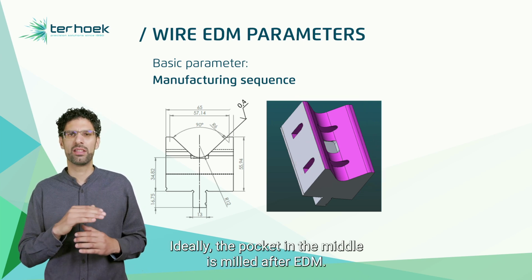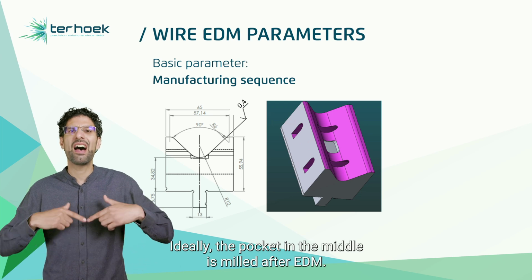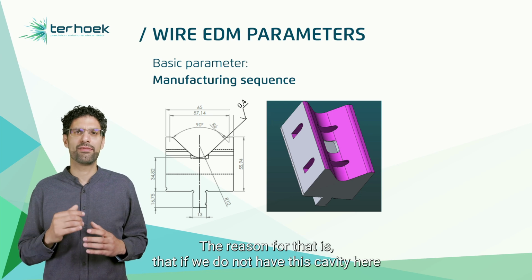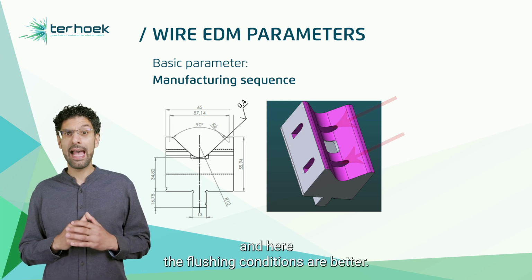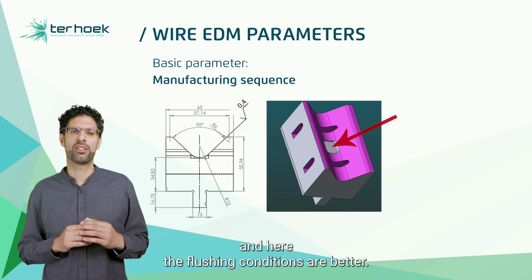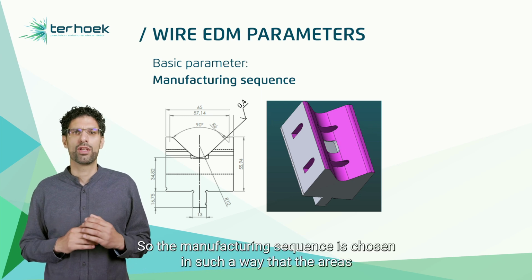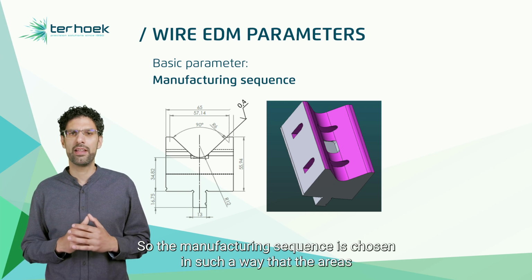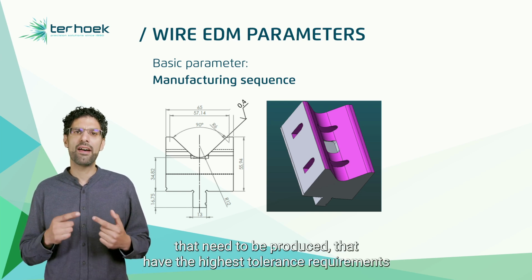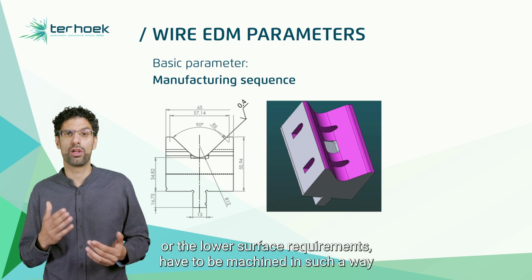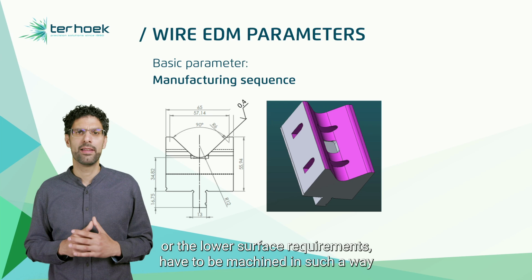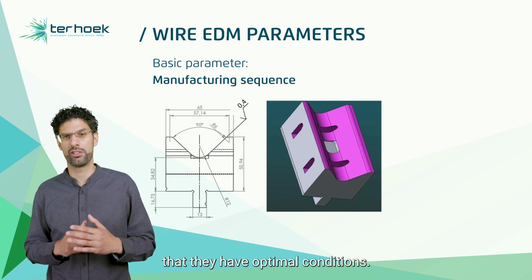Ideally, the pocket in the middle is milled after EDM. The reason for that is that we do not have this cavity here, and here the flushing conditions are better. So the manufacturing sequence is chosen in such a way that the areas that have the highest tolerance requirements or the lowest surface requirements are machined in such a way that they have optimal conditions.